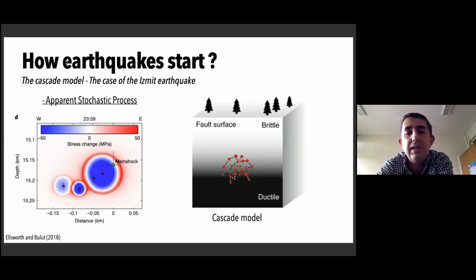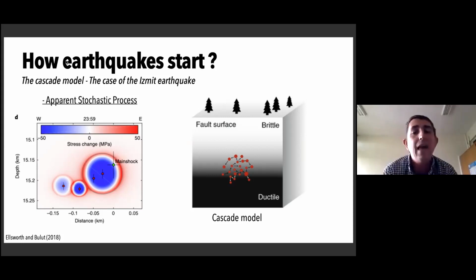Basically, the idea of the cascade model is that you have one rather small earthquake that is triggering, short-term or long-term, another rather small earthquake, and so on and so on, relatively close to the future main shock. At some point, one of these earthquakes is really going to grow and become what we think is the main shock.